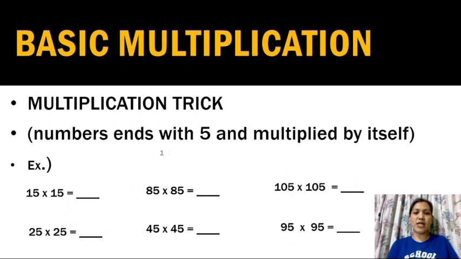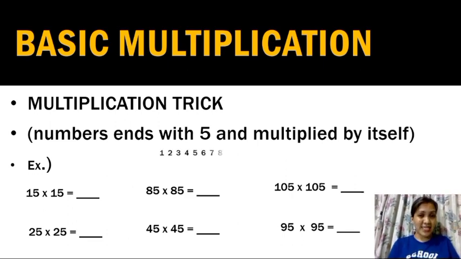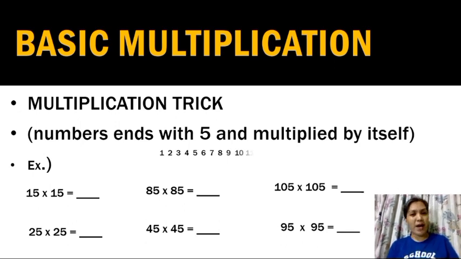So again, kukunin natin ulit ang ating mahiwagang numbers 1 to 10 or above. Pwede yan. So ginawa ko lang 1 to 11. So pwede natin i-consider, pero again, dahil basic nga, titingnan lang natin ay ang mga 1 to 10 na digit numbers. So here, alam naman natin na 5 ang mga dulo nila.